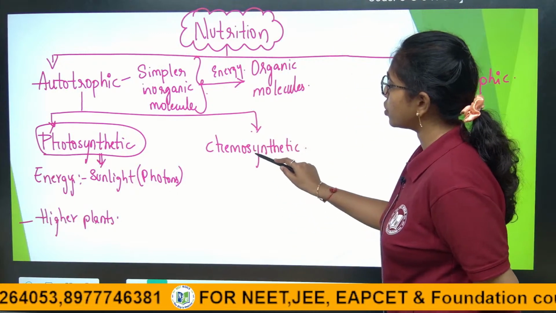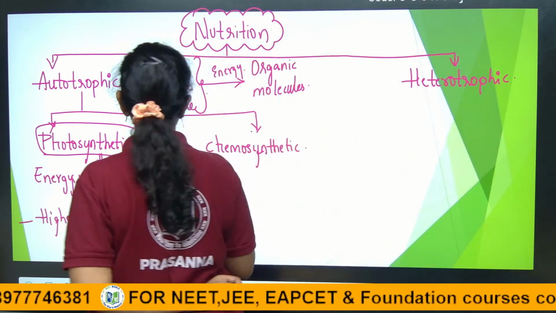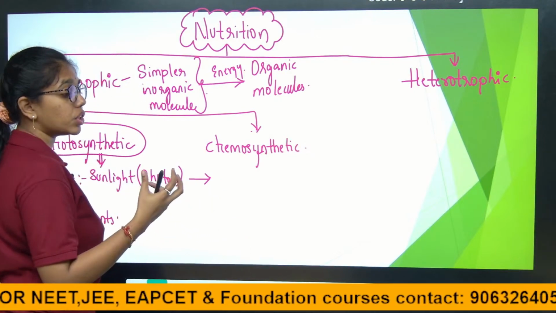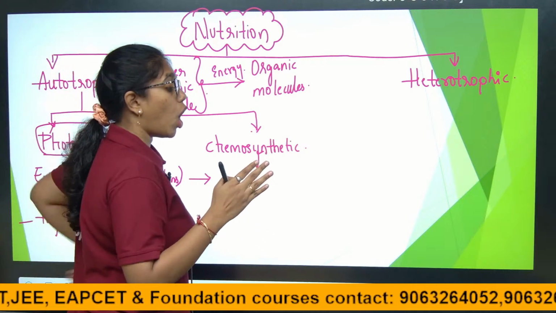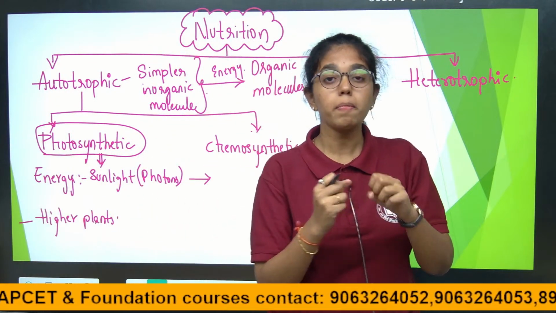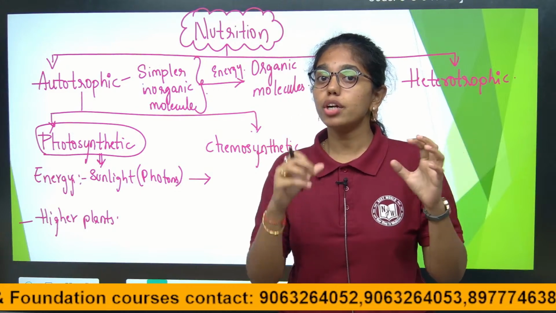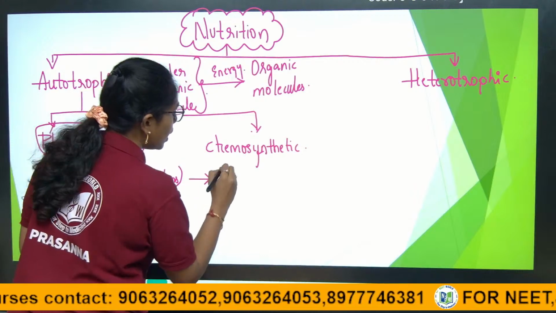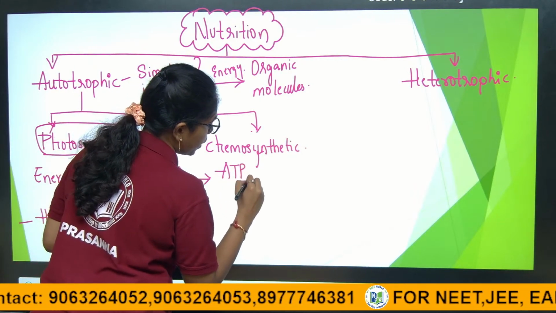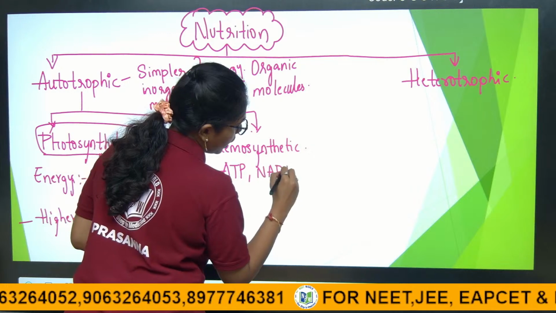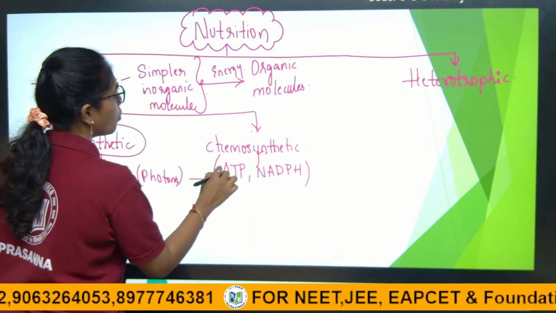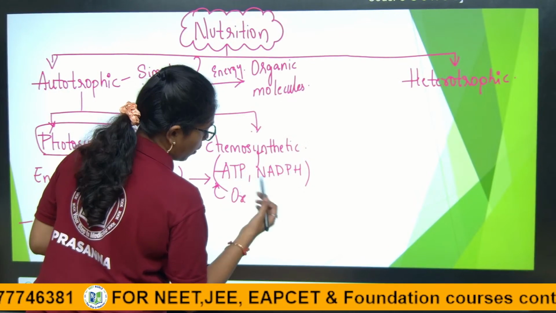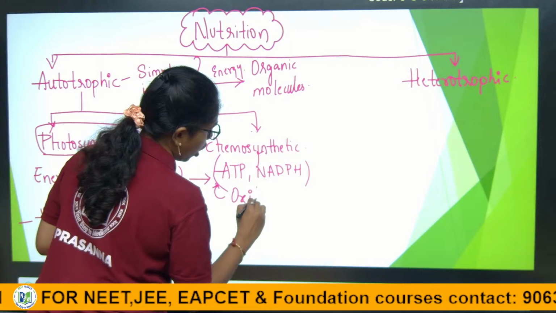In the chemosynthetic mode of nutrition, the energy utilized is chemical energy, which is produced as a result of oxidizing some molecules. The energy produced by oxidation of some macromolecules is called chemical energy. It can be ATP or NADPH.